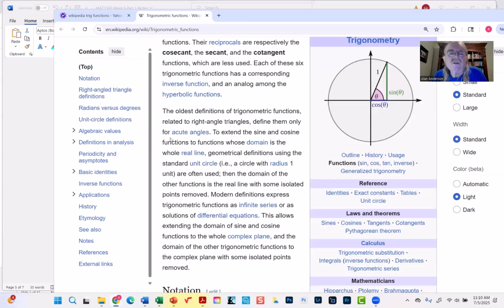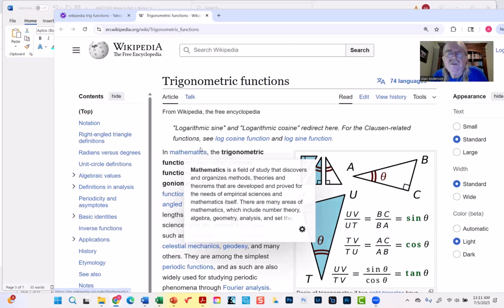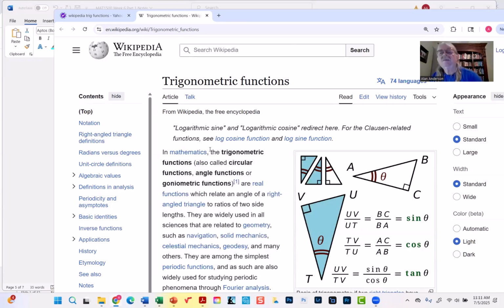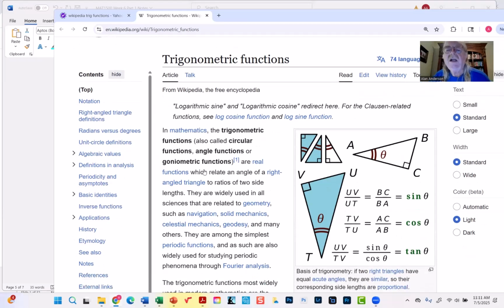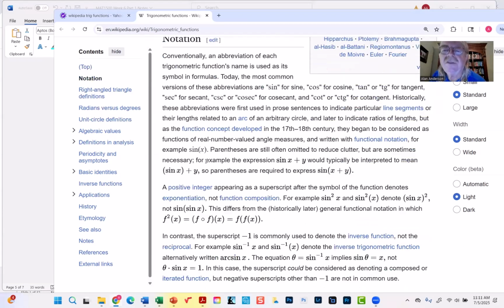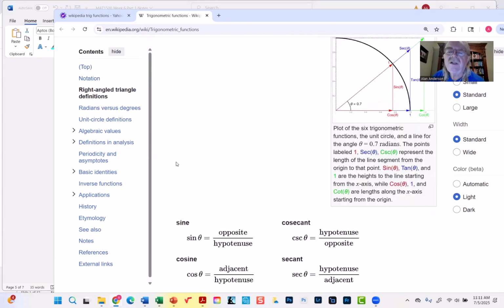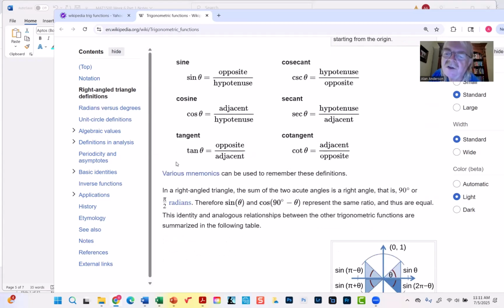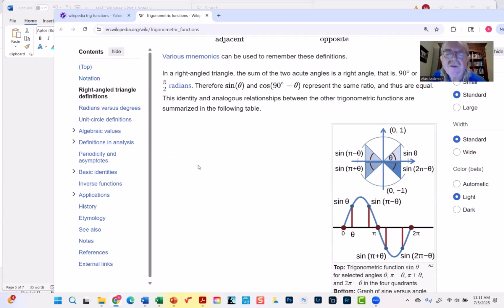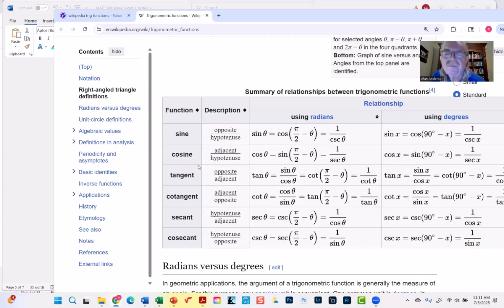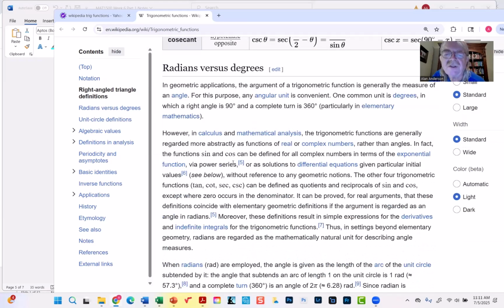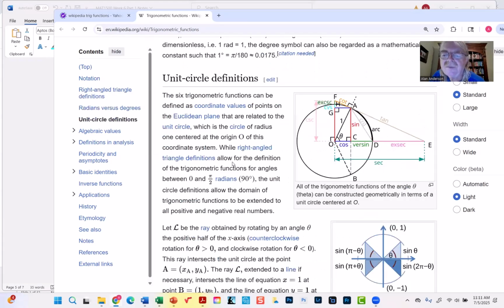The actual title of this article is just simply trigonometric functions. So if you need to find this again, just type in Google, Wikipedia, trigonometric functions. It'll bring you right here. All these different relationships that you might not have even thought about are here somewhere. The only issue is finding what you need. It's so big. But if you scroll down the list, oh, there's all kinds of identities. You couldn't even begin to imagine how many identities there are.